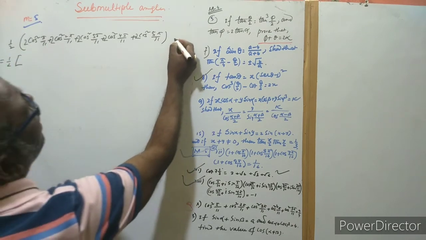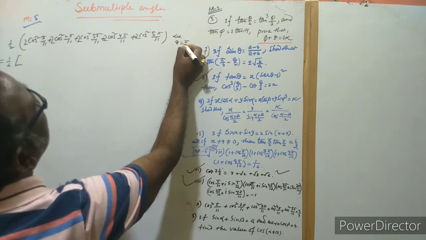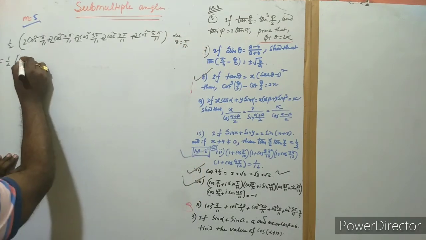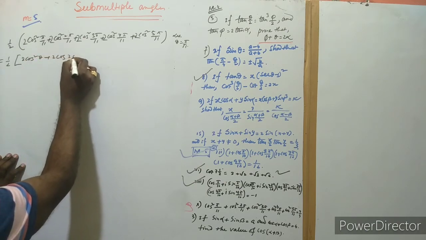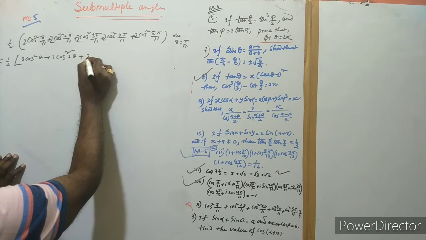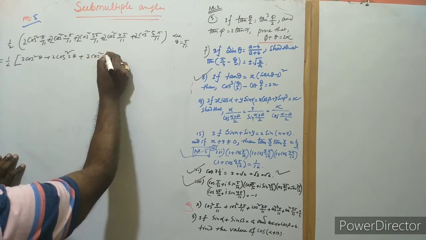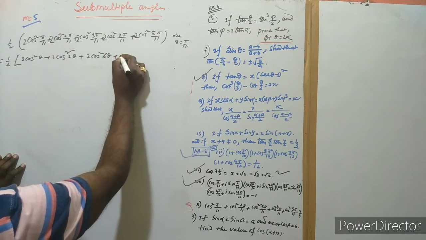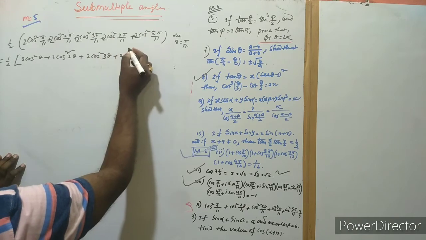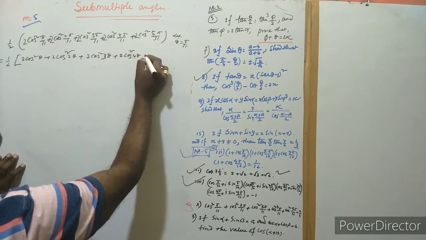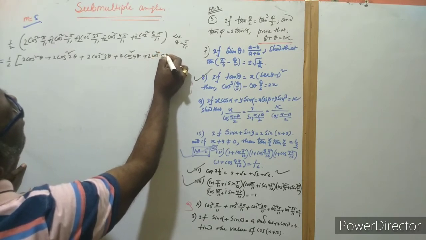Let us assume that theta is equal to pi by 11, so 2 cos square theta, 2 cos square 2 theta, 2 cos square 3 theta, 2 cos square 4 theta, and 2 cos square 5 theta.